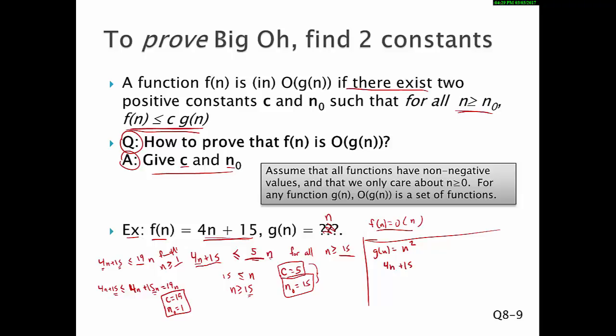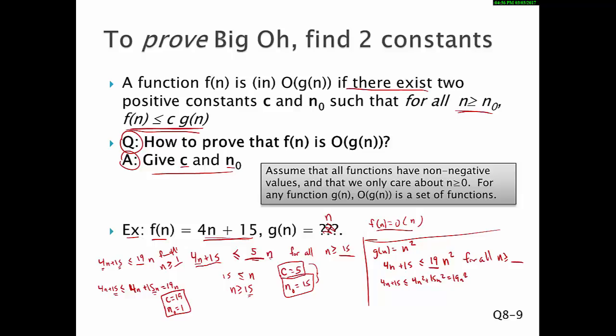Can I say that 4n plus 15 is less than or equal to some multiple of n squared eventually? So for all n bigger than or equal to some constant? Well, sure. In fact, let's pick something super simple here. I could pick a 19 here, and again, 4n plus 15 is less than or equal to 4n squared plus 15n squared, which equals 19n squared.